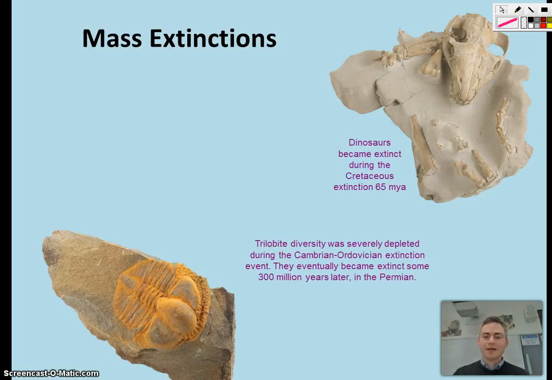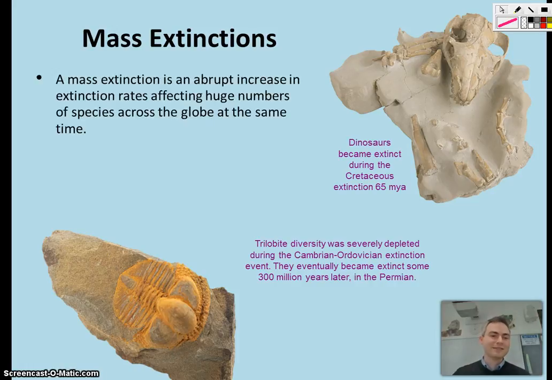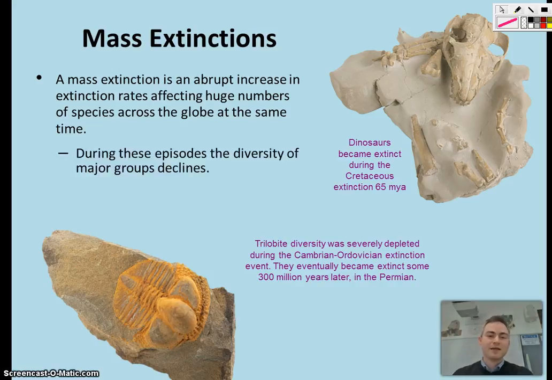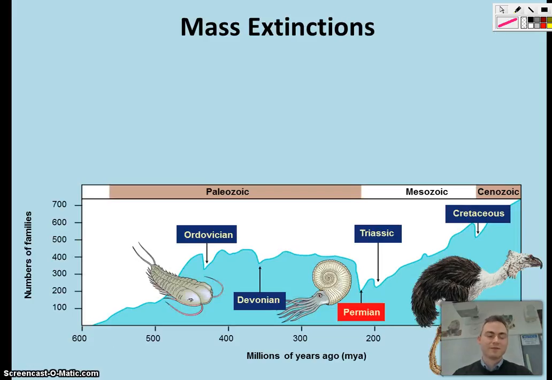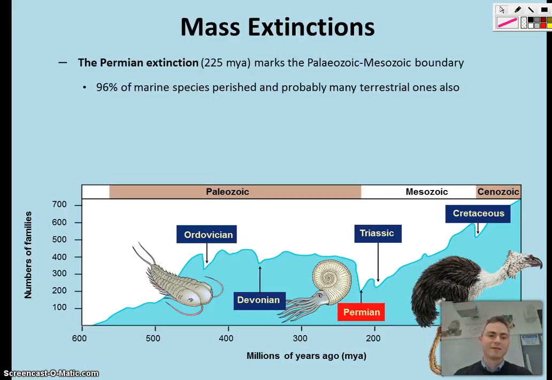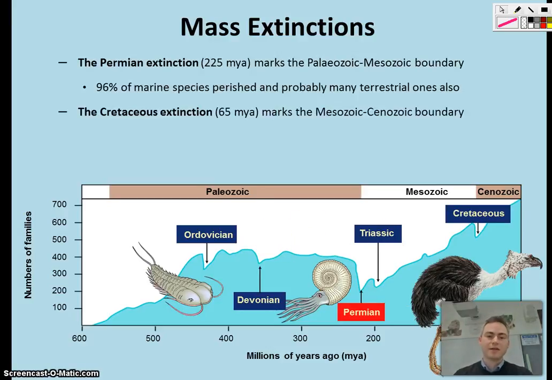We'll be all right. Unless, of course, there's a mass extinction, and mass extinctions are when there's a massive increase in the extinction rate for some particular reason. We've seen lots of them throughout history, and we've talked about some of these already, like the Permian extinction and whatnot, killing off a large proportion of the Earth's organisms.